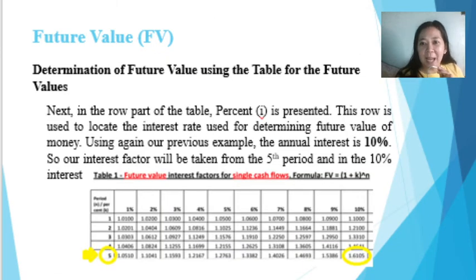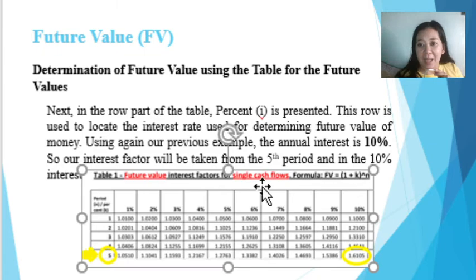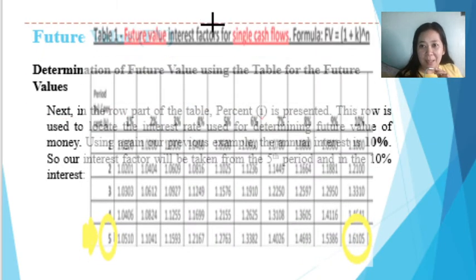The next part is our rows. If you could notice, we have the rows. Under the rows in the table, we have the percentage right here above. I'm going to expand it.